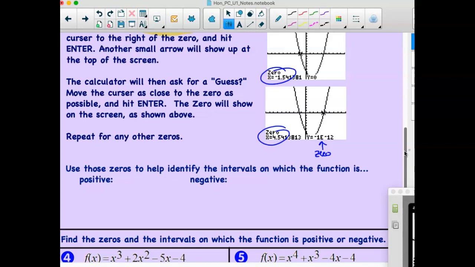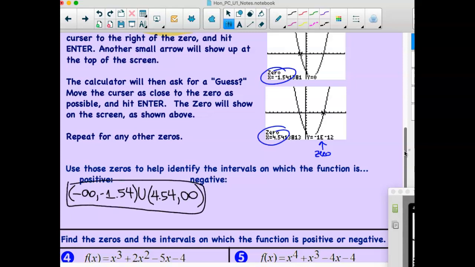As I look at that graph that I just got on my calculator, it's also going to be positive on the right side, so that unites, or union, with 4.54 to infinity. All right, so that right there is my positive interval. Okay, the negative interval is just the interval in between, so it's negative between negative 1.54 and positive 4.54, like that.